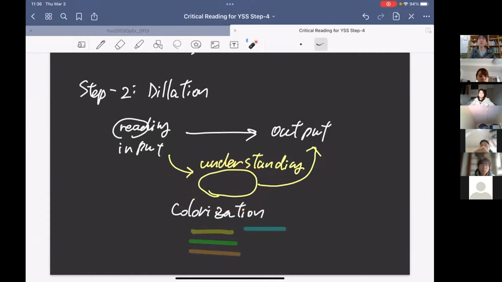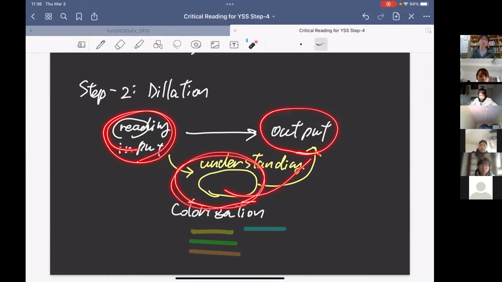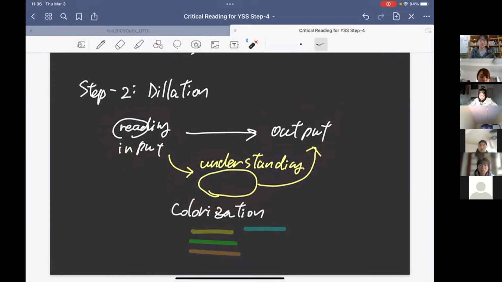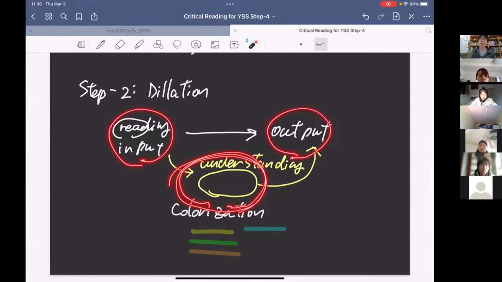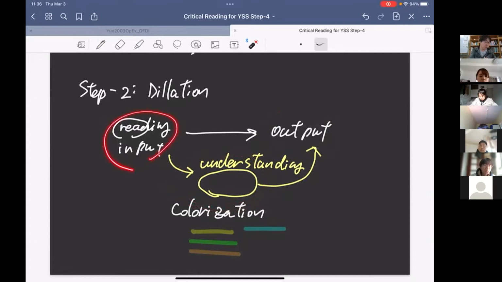And then the next step is making your own understanding. This is actually the core part of reading papers. So you read, make yourself understand, and re-explain. Okay, and this is not really a linear process. This one is a word, and this one is a word, so you can select the words and create a new sentence here.